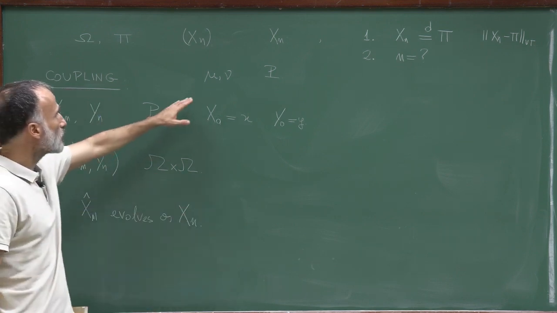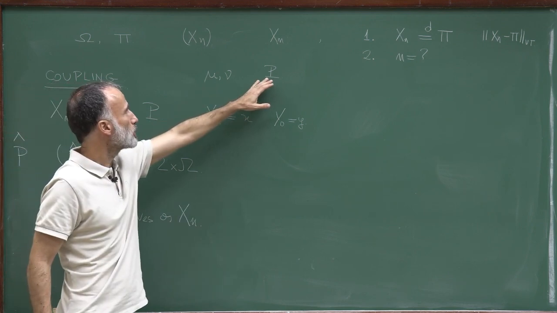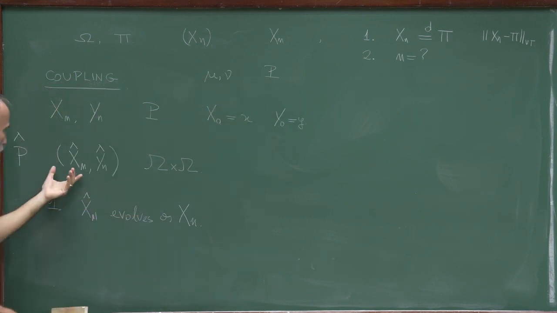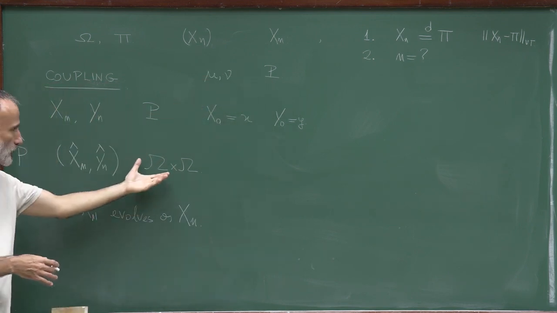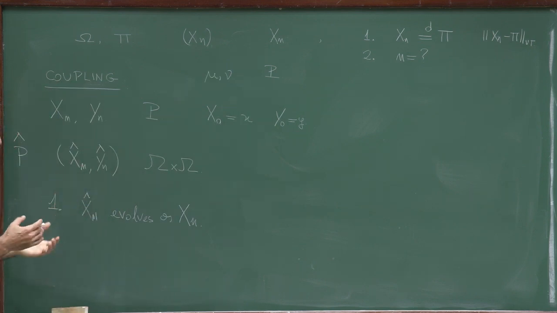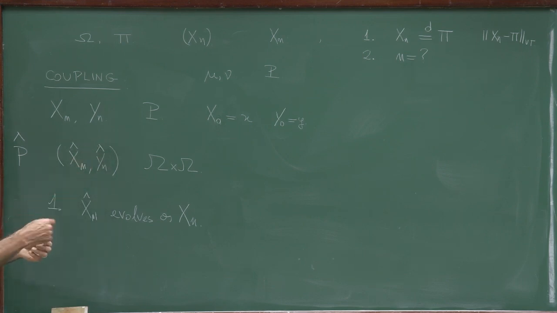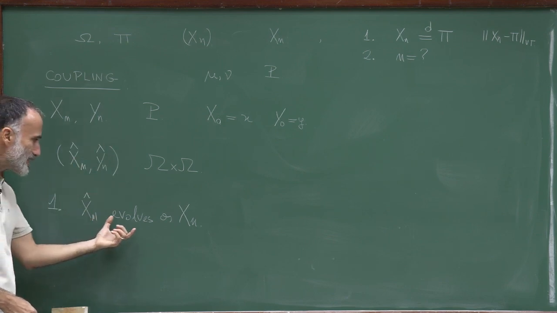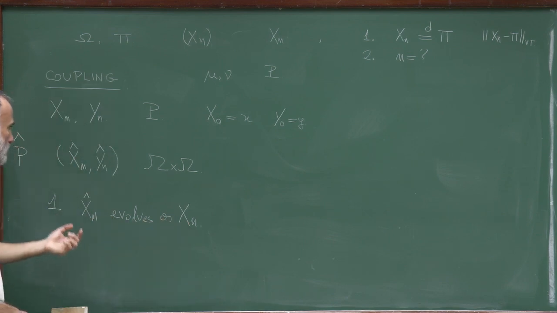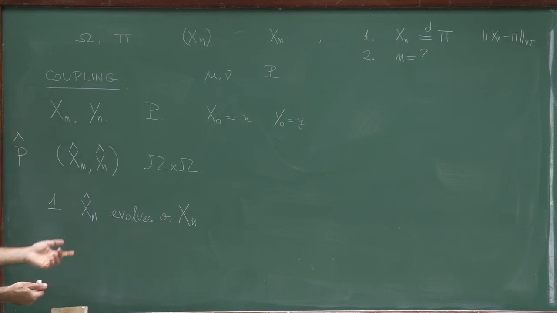Remember, for the coupling of measures, we wanted the first marginal to be mu. Now I'm observing a process on the product space. What we require in this coupling is that if I forget about the second coordinate and observe only the evolution of the first coordinate, the evolution is exactly the one given by X_n. So the first coordinate evolves as a Markov chain with transition probability p.